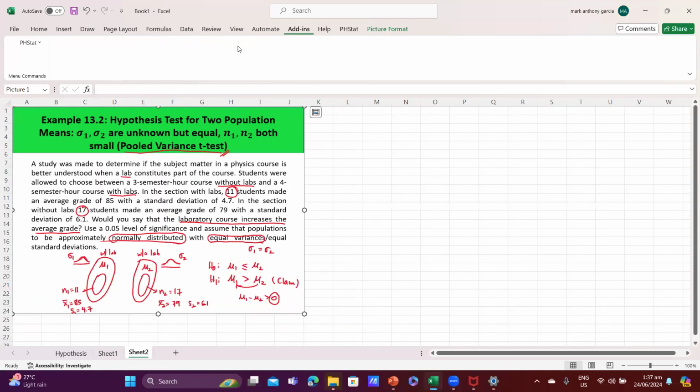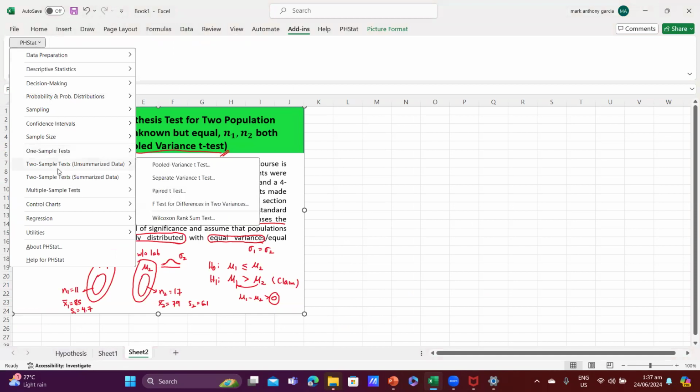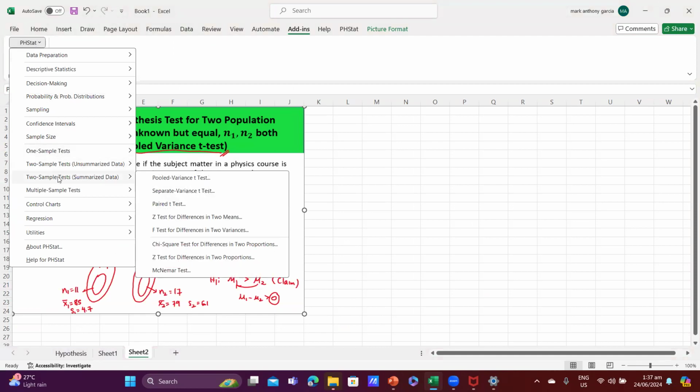In the add-ins portion or options, we click PHStat. And then since we have the sample means and the sample standard deviations already, we shall use the summarize data option. And then we pick the pooled variance t-test.